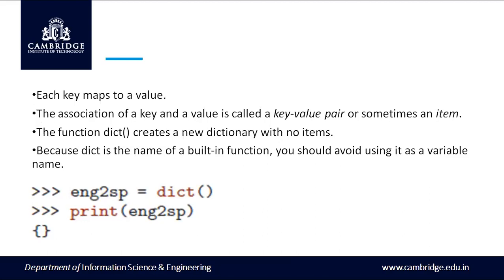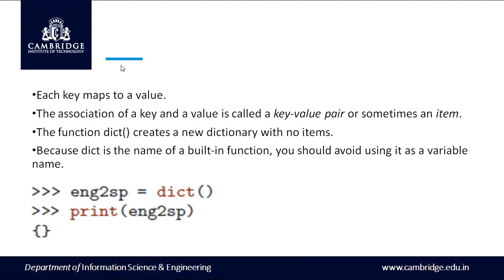Each key maps to a value. So here in dictionaries, we have the concept of key and values. The key and value are associated. This association of key and value is called a key value pair or sometimes an item.